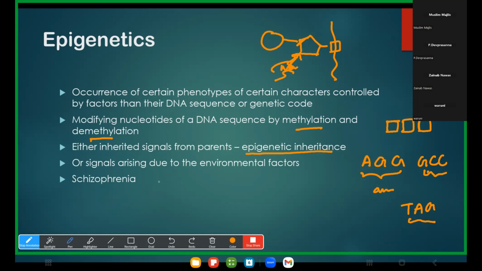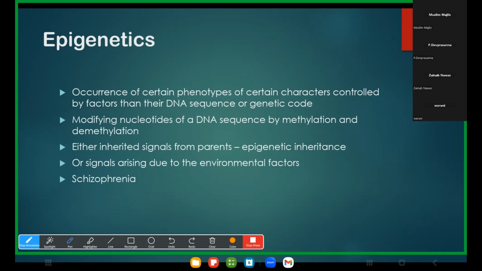And then this kind of situation is observed. They were first able to observe it in twins, where they both have the same genetic combination, but due to methylation or demethylation at a specific point of one twin, only one twin would express this disease, schizophrenia.